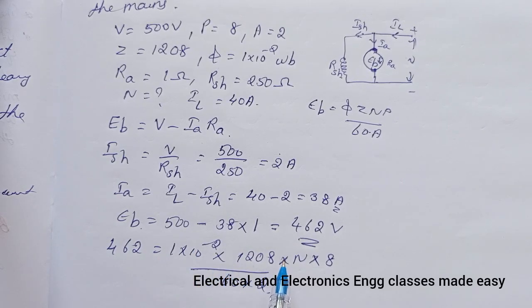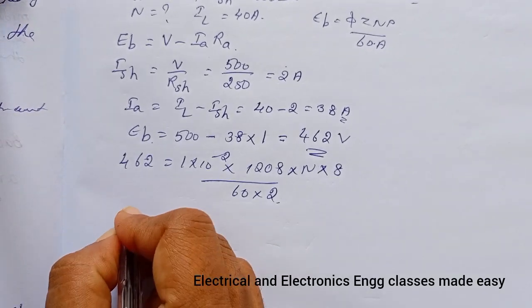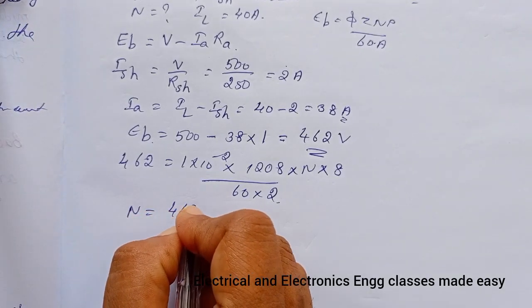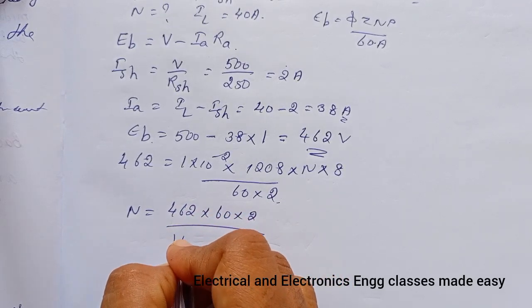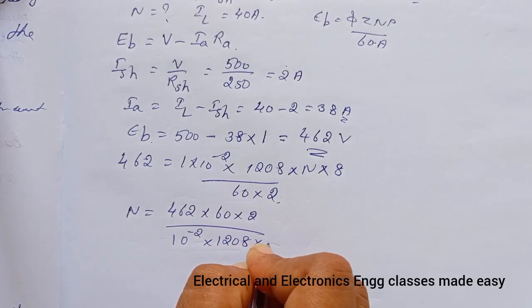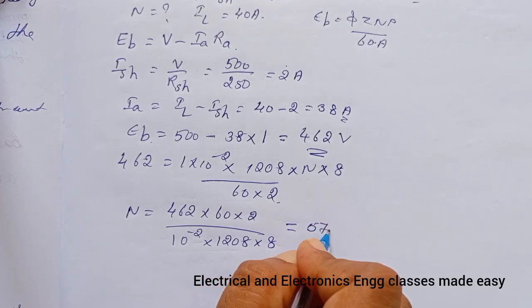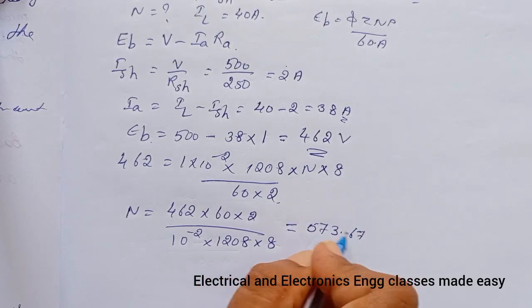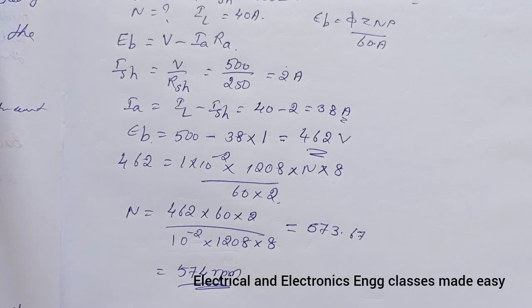From here we get N is equal to 462 into 60 into 2 divided by 10 raised to minus 2 into 1208 into 8 and we get it as 573.67. So we can round it to 574 RPM. So this is the speed.